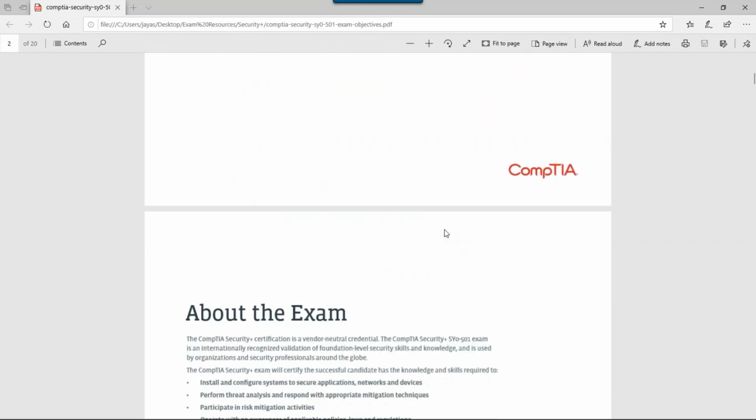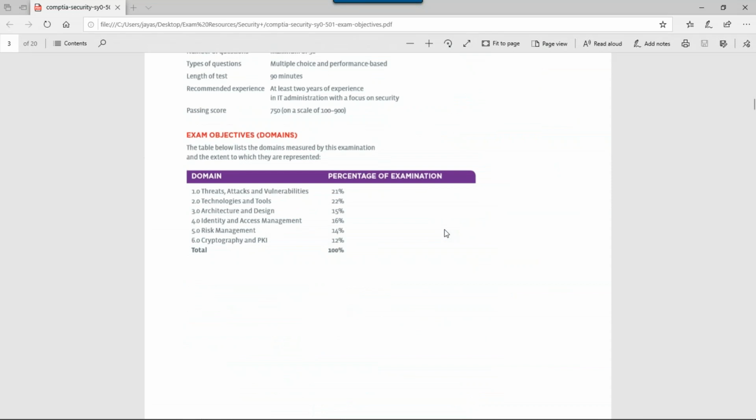But anyway, with that said, for this exam there's a ton of terminology that you need to be prepared for. You need to make sure that you know and you understand. First and foremost, one thing that does tie into a lot of other exams would be ports and protocols.